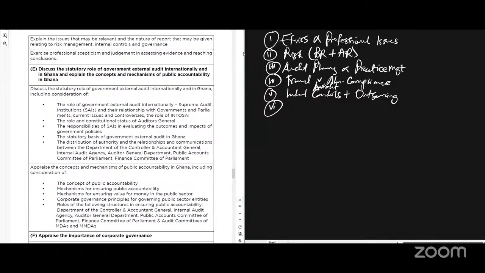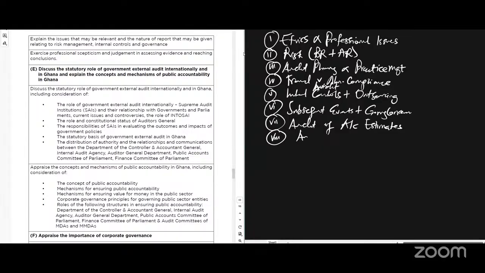Then I want you to look at subsequent events and going concern, audit of accounting estimates, analytical procedures.